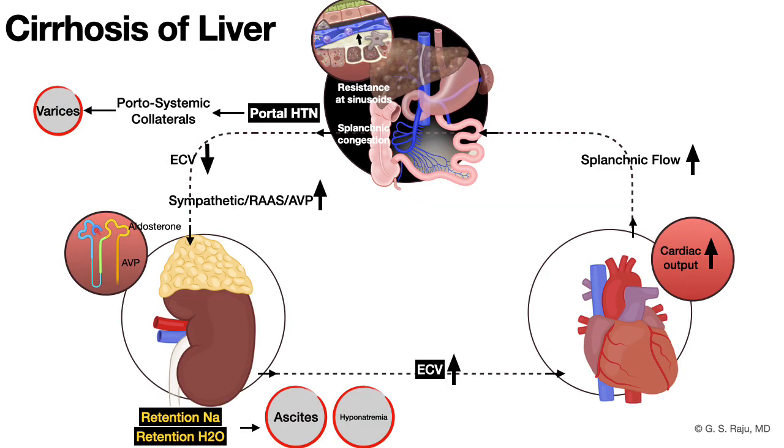And coming to cirrhosis, in cirrhosis, ascites forms because of increased renin-angiotensin aldosterone system, which results in retention of sodium and also water, and excess of fluid accumulation in the setting of portal hypertension results in ascites.